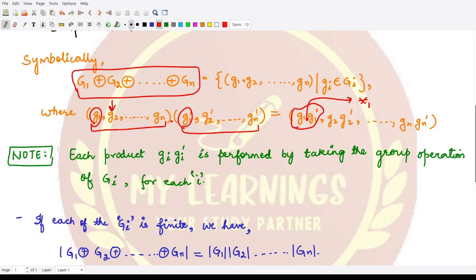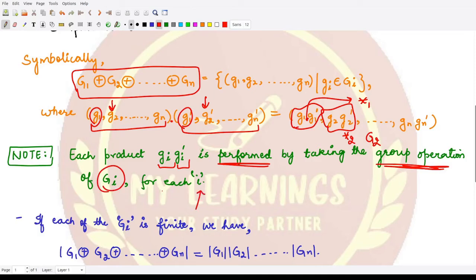We take the second element from the first tuple and the second element from the second tuple, and compose them by applying the group operation of the second group, G2. And we keep on doing like this. You should keep in mind that each product of such kind, gi gi dash, is performed by taking the group operation of the group capital Gi, and this is done for each group.